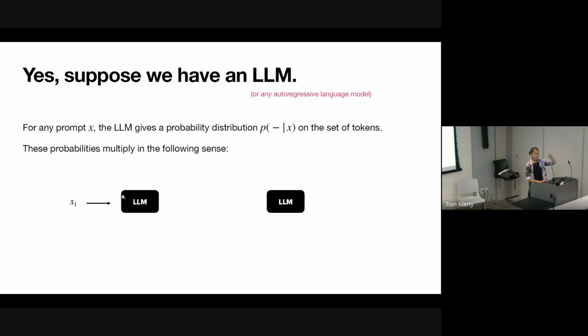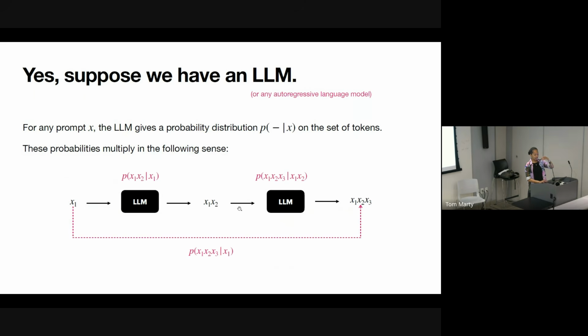And these probabilities multiply in the sense that if I feed in a prompt X1, I get a probability distribution, which I'll describe as P of whatever given X1, and I sample from that. Let's say I sample another token X2, I feed that in, I get a probability distribution on the token set. So the probability of my full string given my initial input is just the product of the successive probabilities along the way.